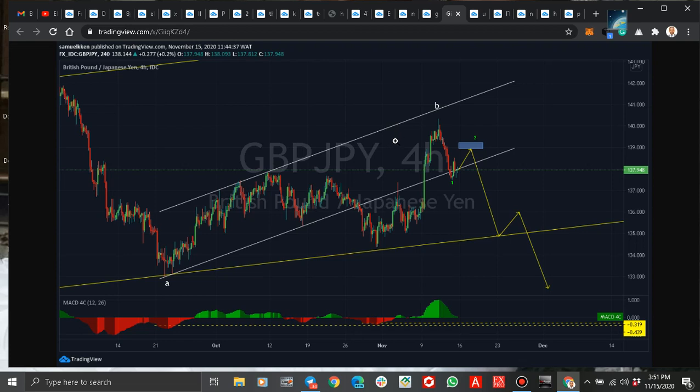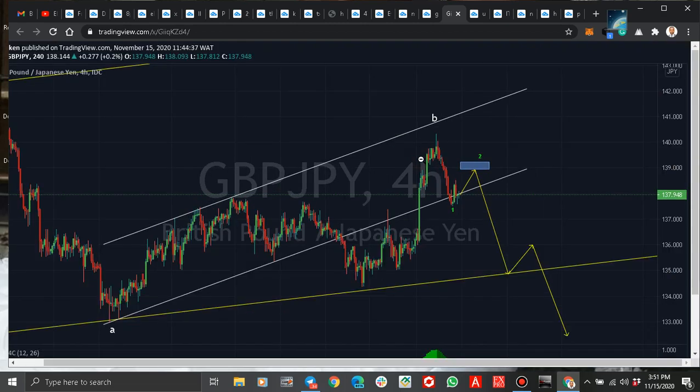If you go to my previous videos on the daily time frame, you can see that I am still looking for sell. This move is sharp. I can see this is sharp again. So I see this as wave 1 of C. That's wave 1 of 5 of C, just the same way it is on pounds dollar.